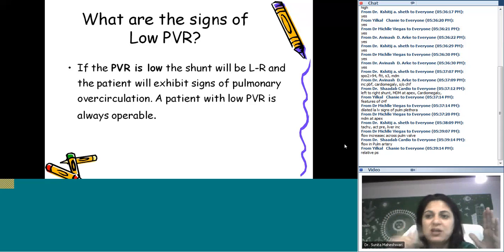There is basically overcirculation. So the baby is going to have tachypnea, retractions, a very active precordium. When you palpate a liver, then when you auscultate, then you get your auscultation. Before that, saturation, failure to thrive, and then auscultation, systolic ejection murmur with loud second heart sound, and then MDM and S3.